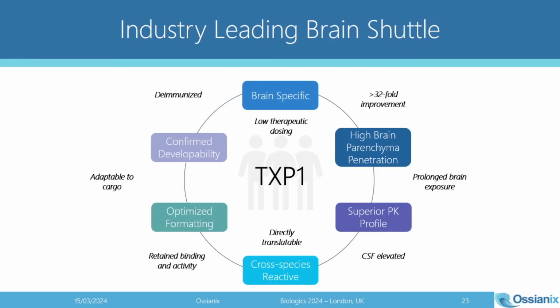The molecule keeps going to the brain over a period of time. The molecule is cross-species reactive, so it can be directly translated from monkeys to humans. We fully deimmunized the VNR scaffold, confirmed developability, and optimized formatting for antibody and different modalities. And we also have a brain shuttle that we use for proof of concept studies in mice that mimics lots of those characteristics that we have for TXP1.